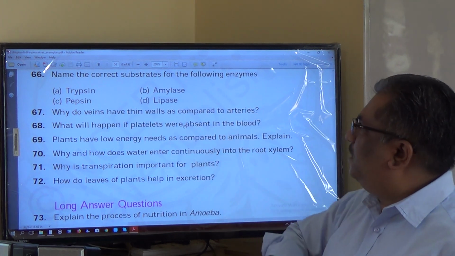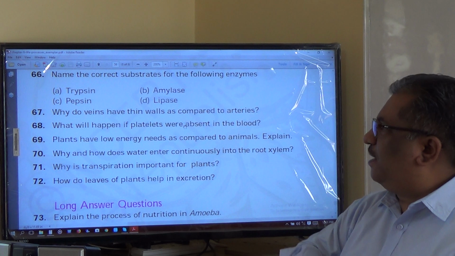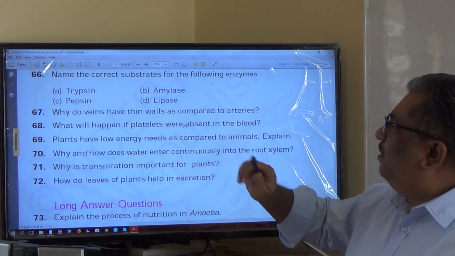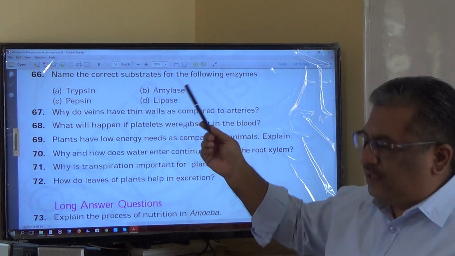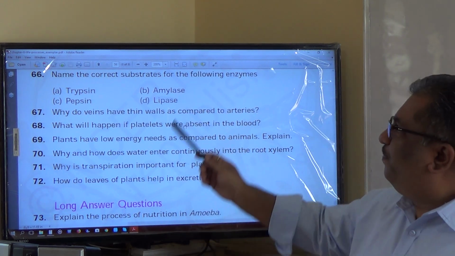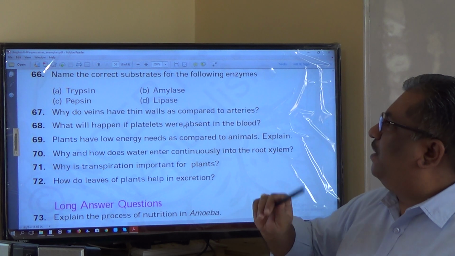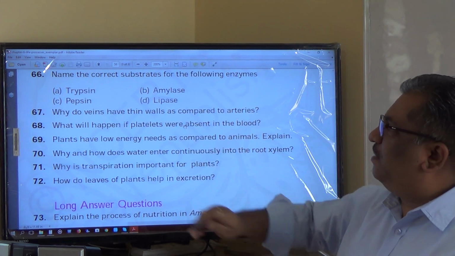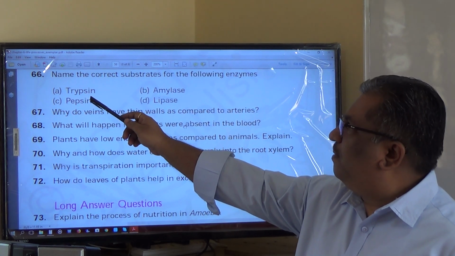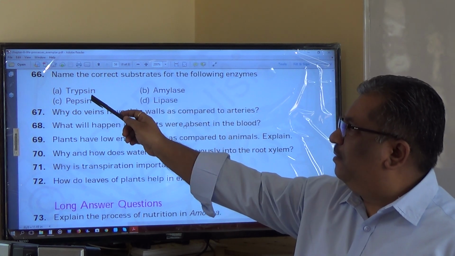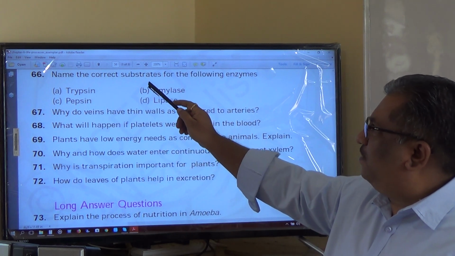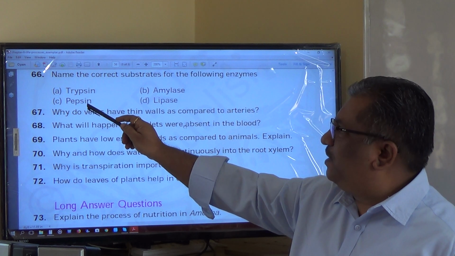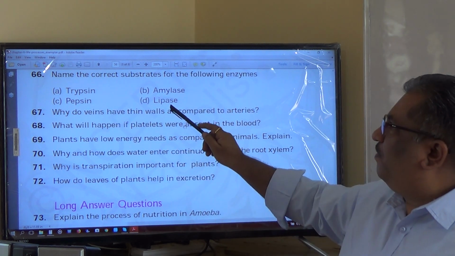Trypsin acts on proteins, amylase acts on starch, pepsin acts on proteins, and lipase will do fats, because lipase would be able to digest fats into fatty acids and glycerol. So lipase acts on fats. Once again, substrate for trypsin is protein, for amylase starch, for pepsin protein, and for lipase fats.